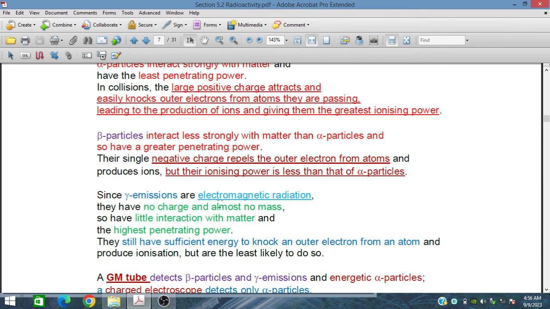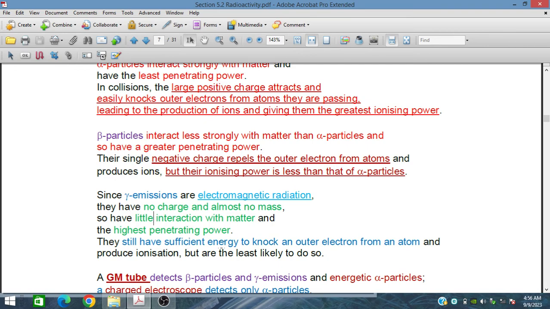Since gamma emissions are electromagnetic radiation, they have no charge and almost no mass, and so have very little interaction with matter. They have the highest penetrating power; their range is very high.